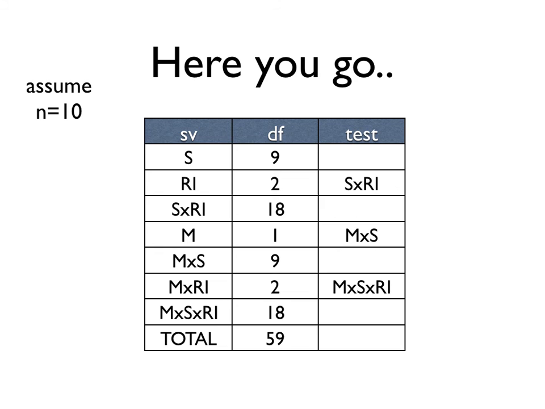So you have number of levels of memory minus 1. That's how you're going to get the number of degrees of freedom. Always minus 1. Yeah, in this case, right now, yes. And then the interactions are whatever minus 1 times the other thing minus 1. Yeah. For now, yes. It gets a little more complicated. Not a lot more complicated, but a little bit.